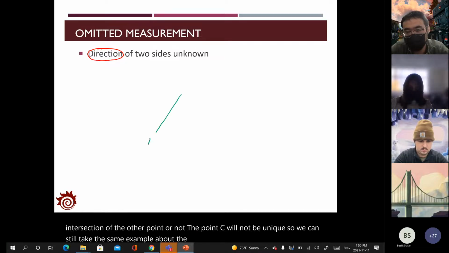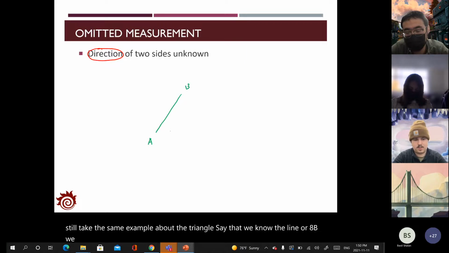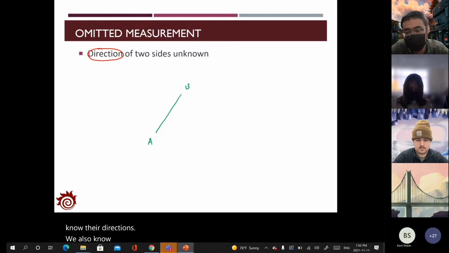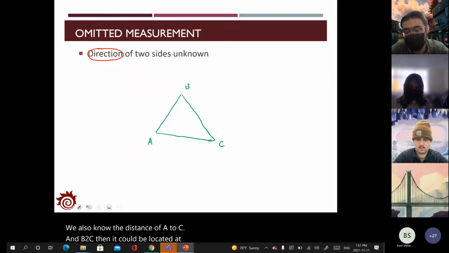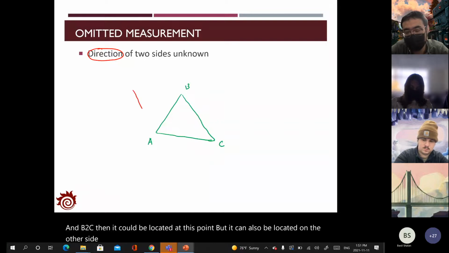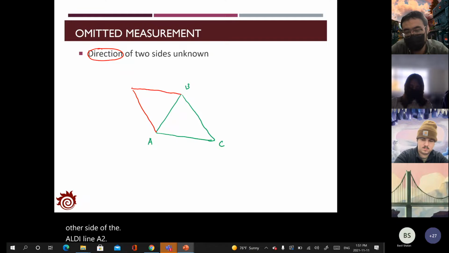Say that we know the line A to B, we know their directions. We also know the distance of A to C and B to C. Then it could be located at this point, but it can also be located on the other side of the line A to B.